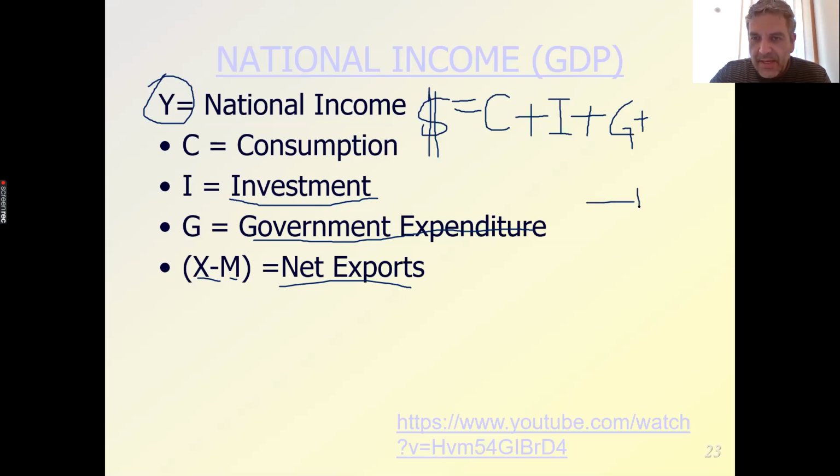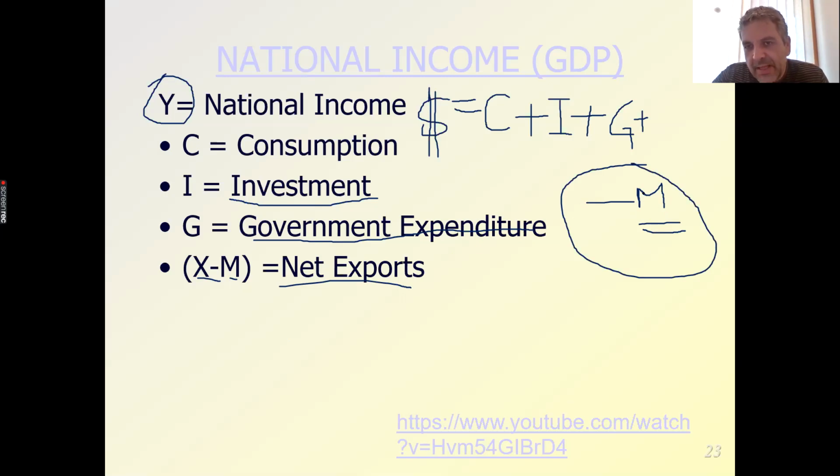So this is the negative value of GDP flowing out of the model, because it's an outflow of money going outside this country or economy. So we have the negative import expenditure. We call it M, the import expenditure, and it has a negative sign.